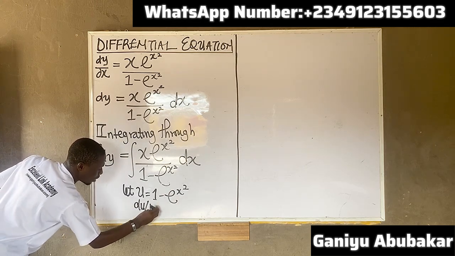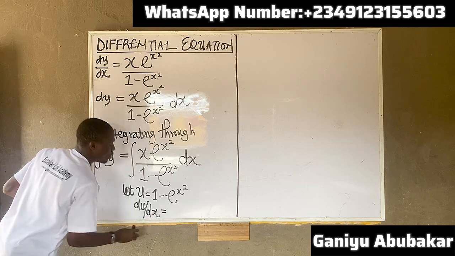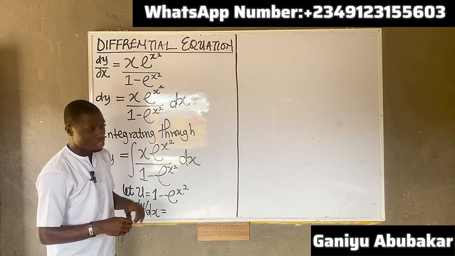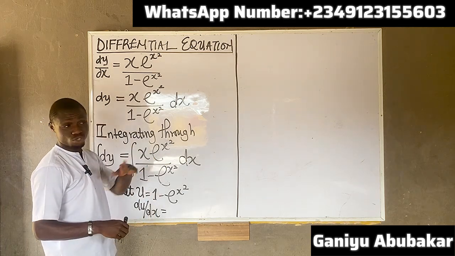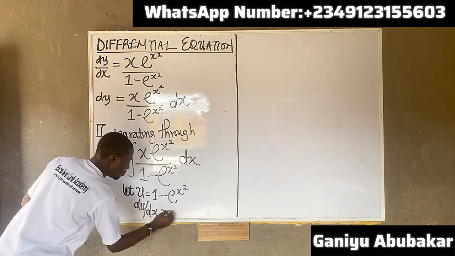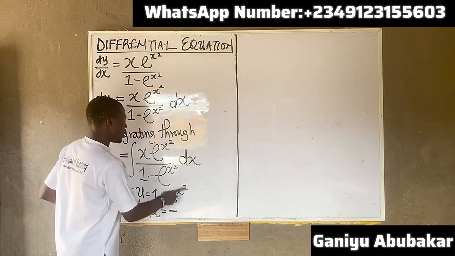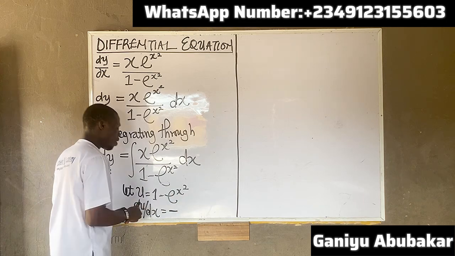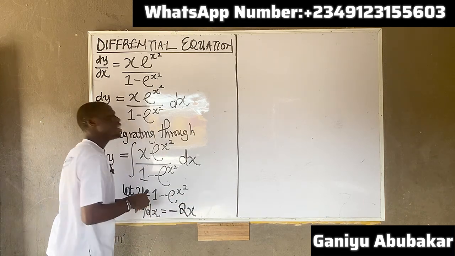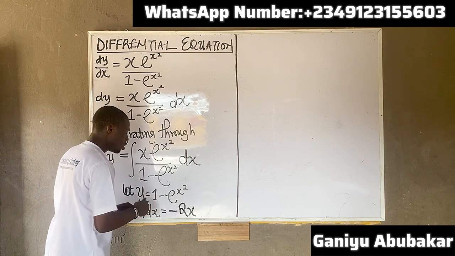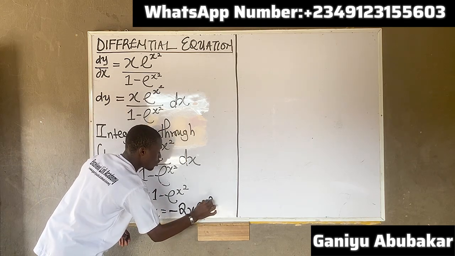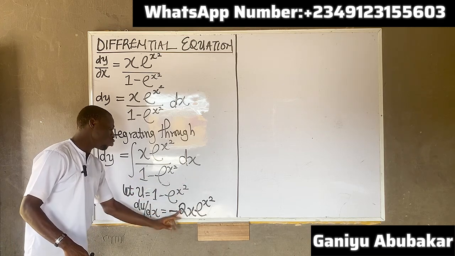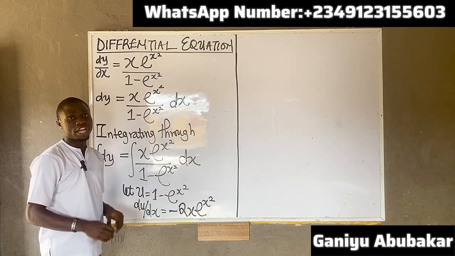du over dx here is equal to, we said, whenever it comes to differentiating an exponential function, if I differentiate 1, that's 0, so it's off. Minus remains. If I want to differentiate the exponential term, we said differentiate the power first. If I differentiate x squared, I'll have 2x. Then repeat the function. So differentiating exponential x squared gives you 2x exponential x squared.